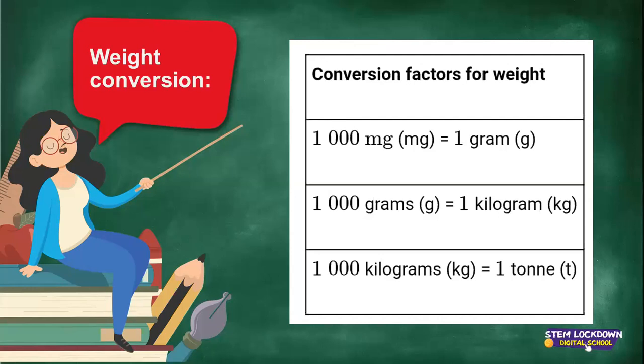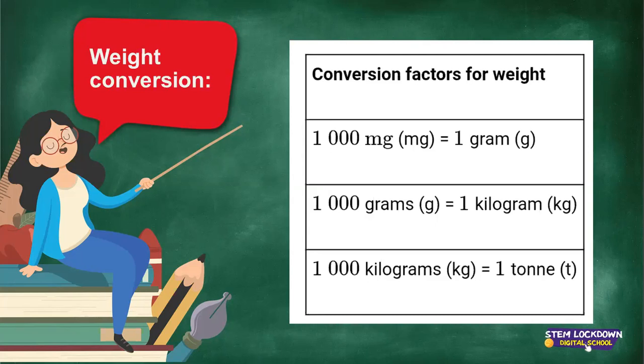So the milligrams are for very, very small objects, like a few grains of sand. And then the grams are larger than milligrams, so would be weighing, like I mentioned, probably sugar or rice. Then we move on to kilograms. That's the weight most people use; when you weigh a grown adult, you would measure them in kilograms. And then it's tons, like I said, it would be bricks that would be used to build a school.